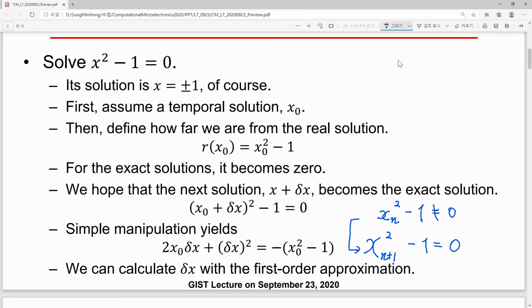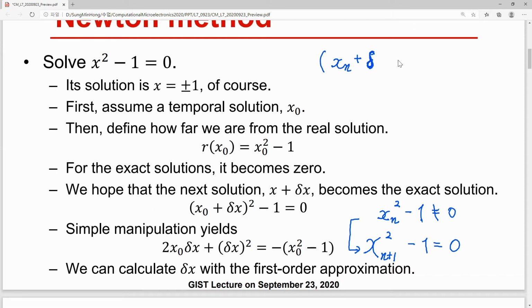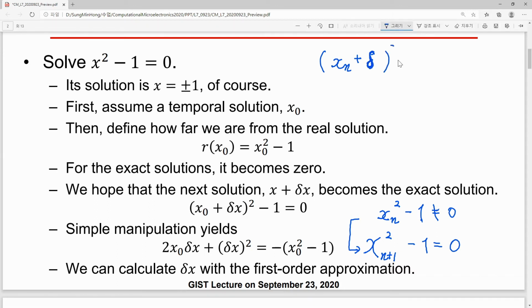Instead of xn plus 1 squared, I will just write xn plus correction. So let's say this is just delta for simplicity: xn plus delta, squared, minus 1 equal to 0.